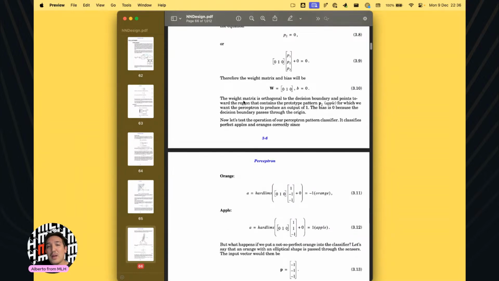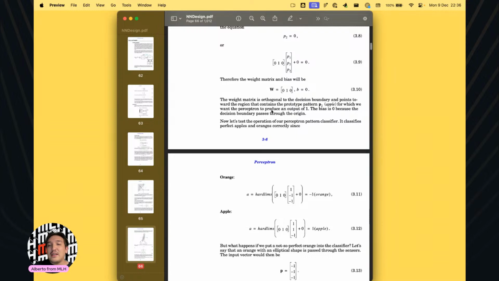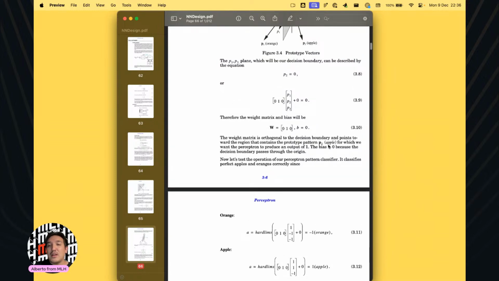Again, the weight matrix is orthogonal to the decision boundary, and it points towards the region that contains the prototype pattern. In this case, P2 is the apple, for which we want the perceptron to produce a positive output.